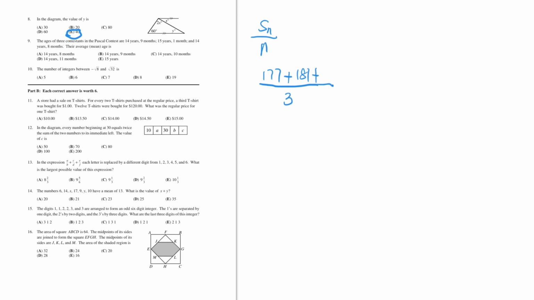Plus 14 times 12 plus the 8, that's 176. And now we calculate the sum of 177 plus 181 plus 176.